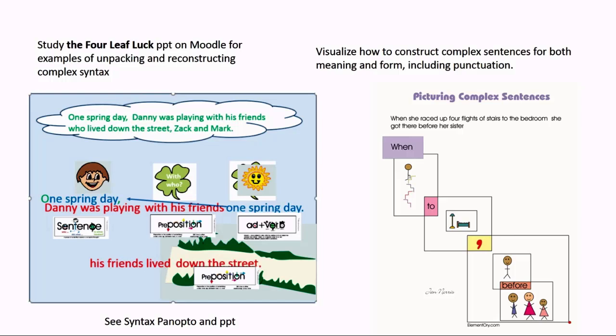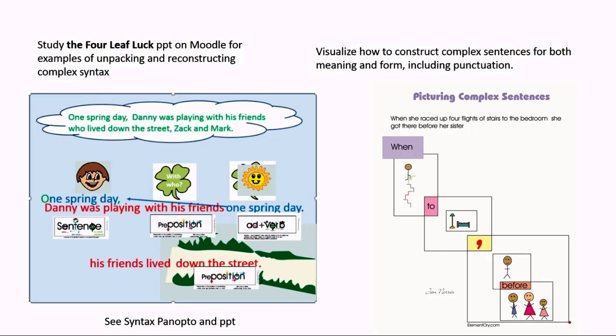So the sentence in the book was, "When she raced up 4 flights of stairs to the bedroom, she got there before her sister." So when we lay it out, we put that conjunction, "when." She ran up 4 flights of stairs. You can see the 4 flights of stairs in different colors. To her bedroom, comma, she got there before her sisters. And then there's a period.